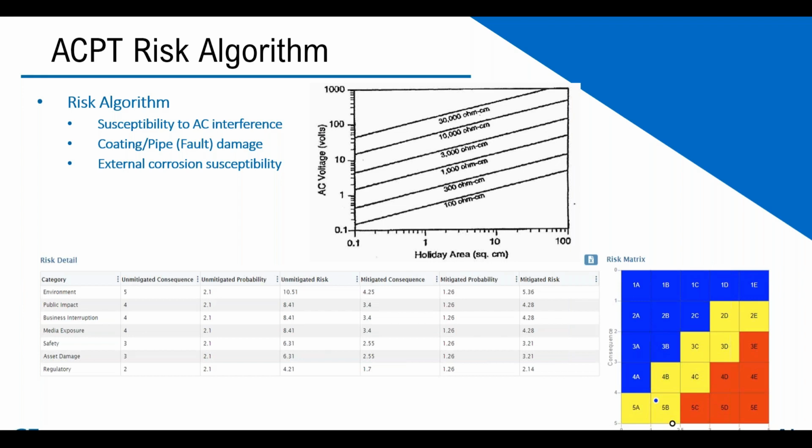Conversely, if you look at something, 1 volt, say 300, that's not much soil resistivity. You don't really get into anything until you get up a little bit further.